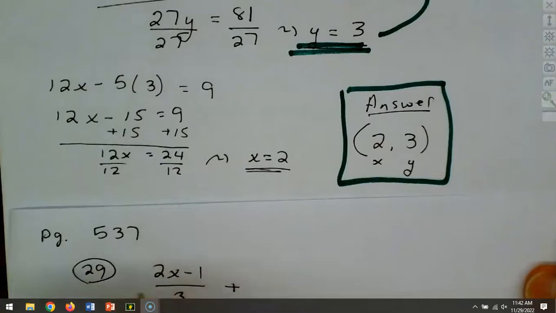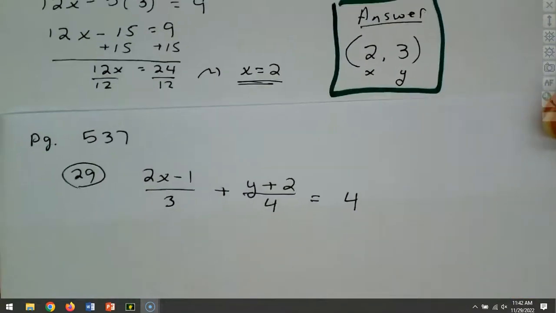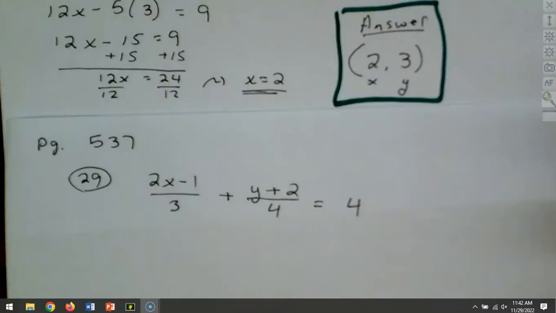And this, I think, is the most difficult question from the homework, just because there's a lot of algebra. So move it up so we can see. I'm trying to keep as much of the other question on the screen as I can.